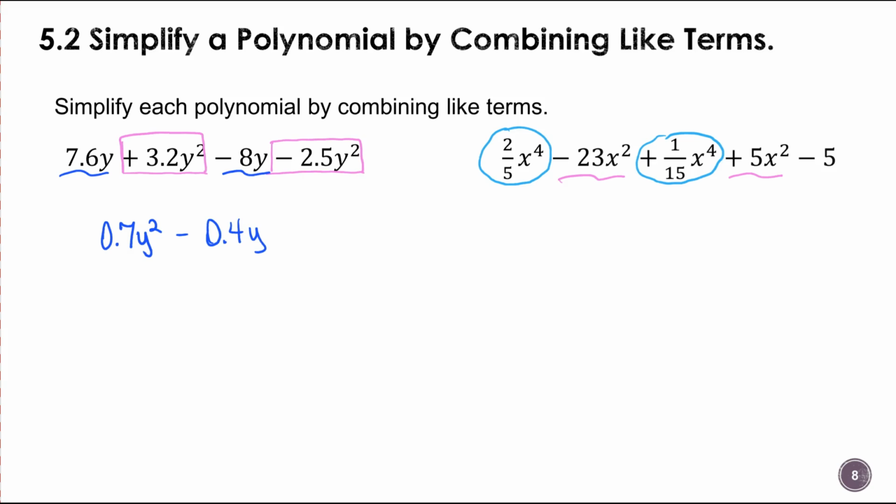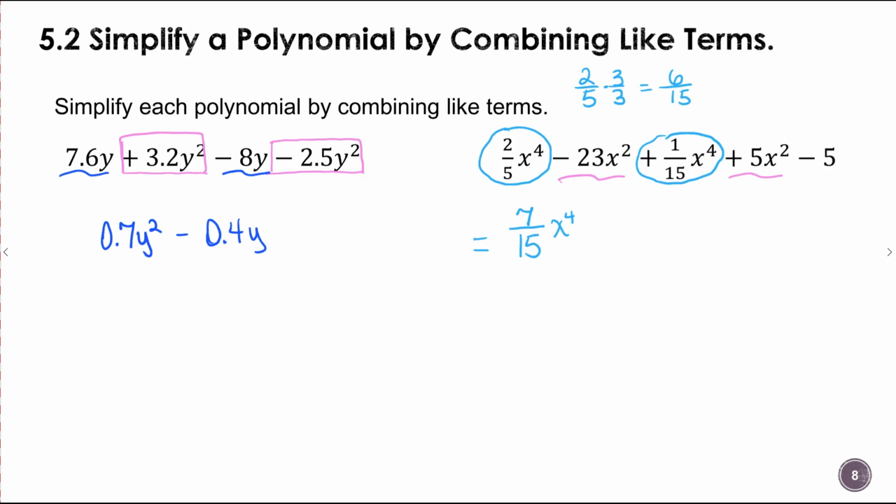Now when I'm combining the 2/5 and the 1/15, I would need to have a common denominator. So 2/5, just as a reminder, I would multiply by 3/3, which gives me 6/15. So 6/15 plus 1/15 would be 7/15 x to the fourth.